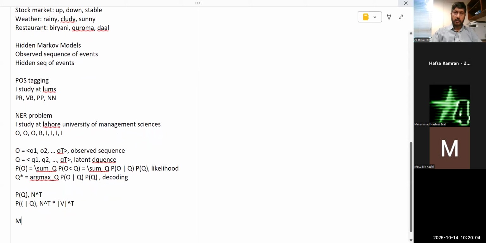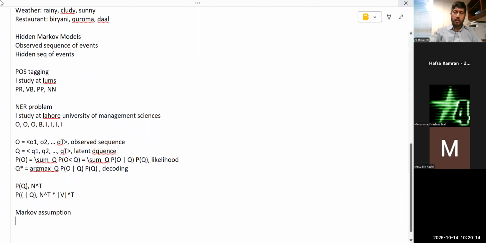तो दो assumptions लेते हैं. एक तो Markovian assumption है. उसमें assumption क्या है? So हम basically, remember, probability of Q is equal to probability of Q1, Q2, ..., QT. ठीक है ना. इसको आप फर्दर डिवाइड कर सकते हैं. प्रोबेबिलिटी ऑफ, अगेन दिस इज अ सीक्वेंस. ठीक है ना.